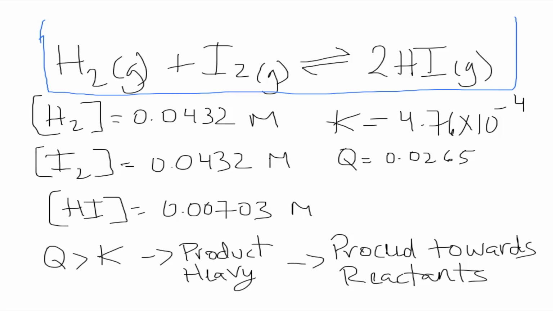Now this will help us determine how the change will proceed, because the system is proceeding towards reactants, it is going to form more reactants, meaning that the change will be positive for the reactants and negative for the products. So now let's solve our ice table. So first we had R, which stands for reaction, then I, initial concentration, C, change, and E, equilibrium.